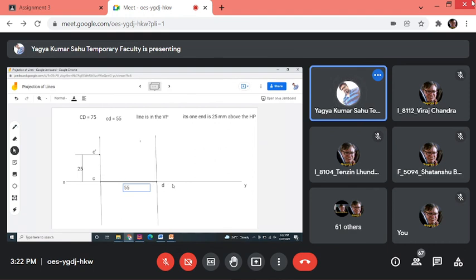Now what about C dash? How will you locate C dash? You'll get C dash on this projector line. इसी projector line पे मिलेगा C dash, D dash. Yes, sir. Yes or no? Yes, sir.